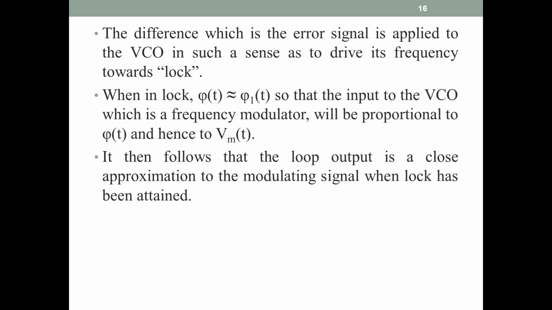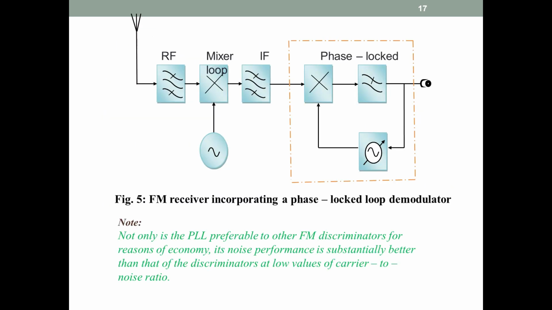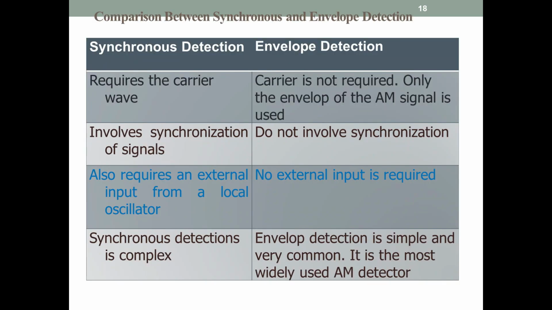It then follows that the loop output is a close approximation to the modulated signal when the lock has been attained. Figure 5 shows the FM receiver incorporating a phase lock loop demodulator. Note, not only is the PLL preferable to other FM discriminators for reasons of economy, its noise performance is substantially better than that of the discriminators at low values of carrier to noise ratio.